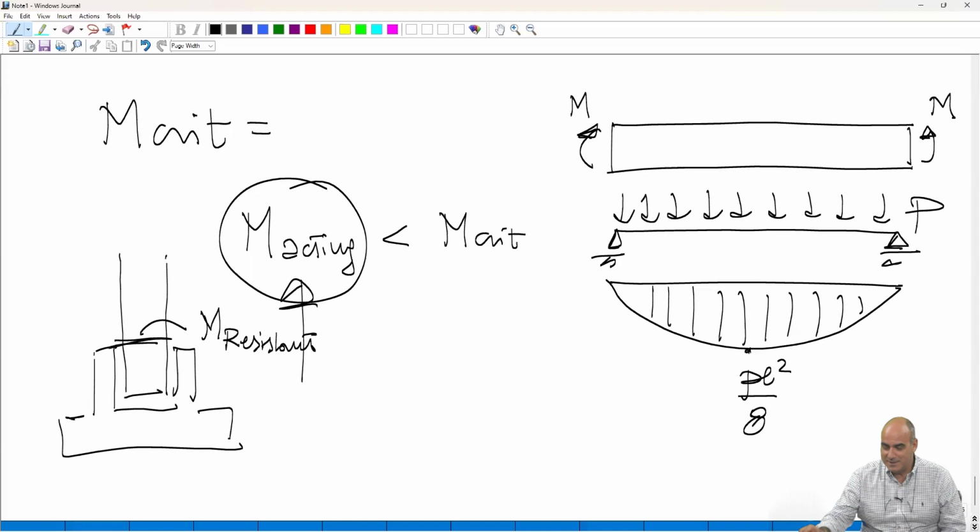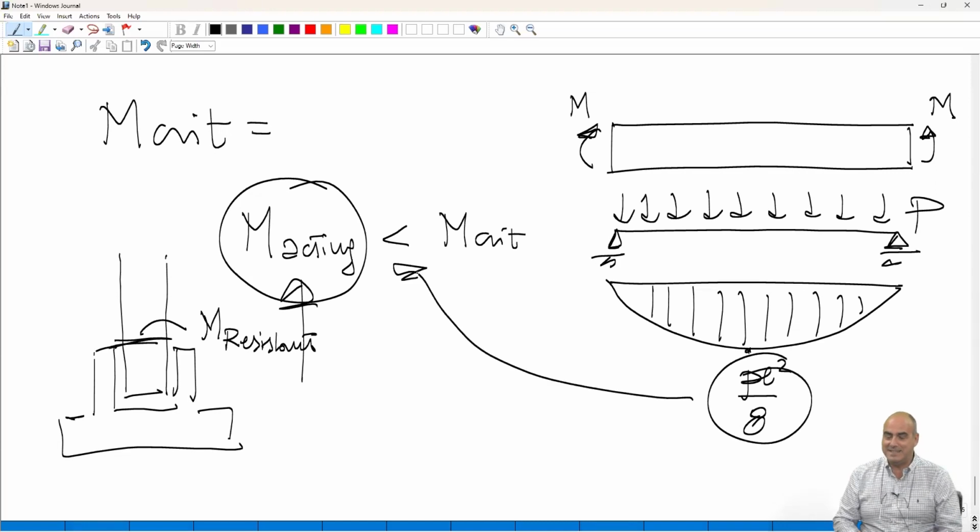So going back to this, it means that we cannot simply say PL squared by 8 less than M critical. So what do we do? We have to calculate an equivalent bending moment. But what is the equivalence criterion that we can have? The moment? But torsional moment is something which appears when it deforms. You don't have torsional moment.